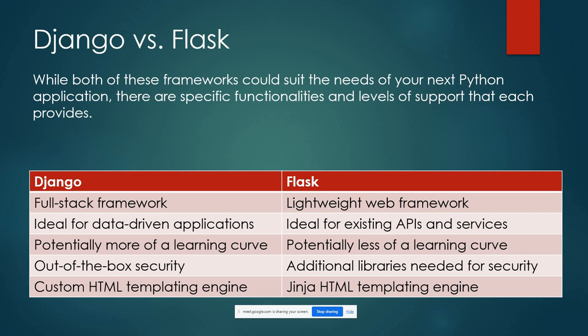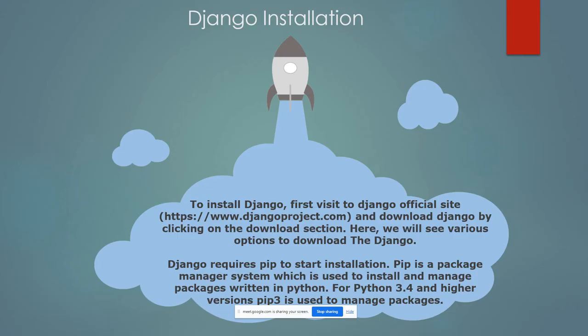There are some disadvantages with Flask, that's why maximum people are using Django. More security is provided, and there is a specific Django community. If you have any issues, we can discuss them in that community and get results for the given queries.